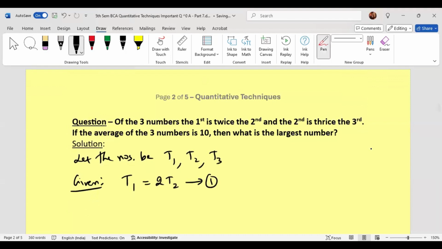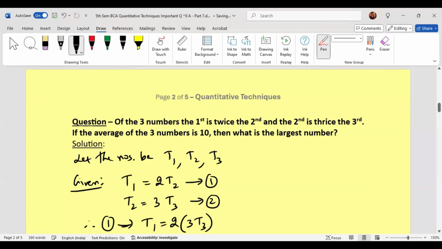And the second is thrice the third, so T2 is 3 times T3. We will modify the first equation. Therefore, the first equation can be rewritten as T1 is equal to 2 times T2, and T2 can be replaced with 3 times T3, so T1 will be 6 times T3.